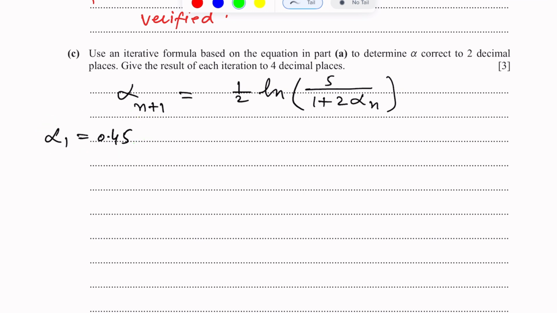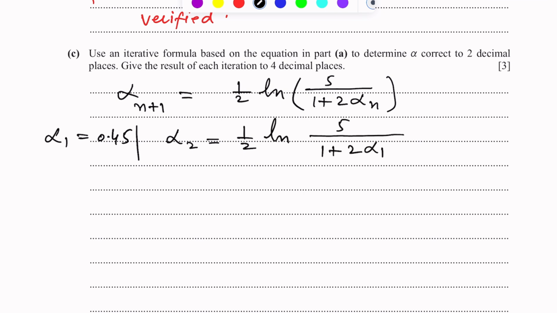Now we will find alpha 2. We put 1 in place of n: alpha 2 is 1 over 2 log 5 over 1 plus 2 alpha 1.